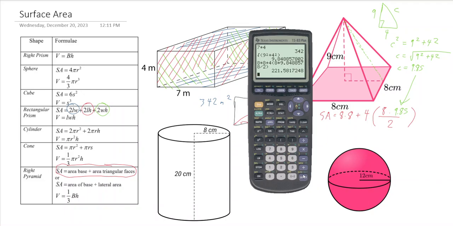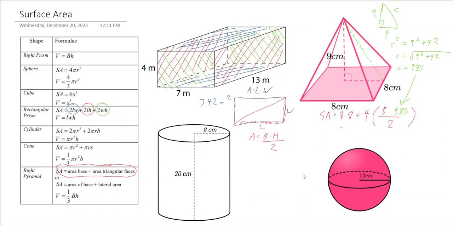And so we get the answer of 221.6. So the surface area of this pyramid equals 221.6. This is centimeters squared, by the way. Make sure you have the units.